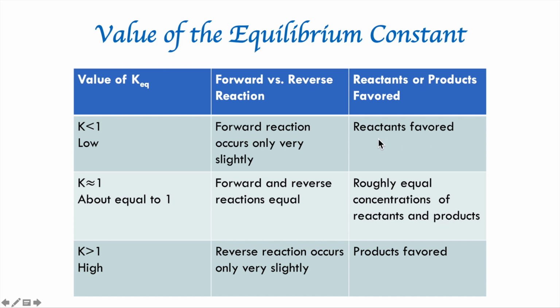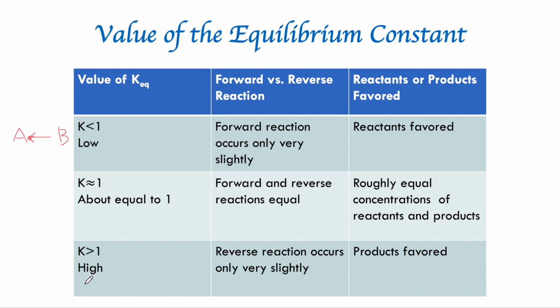If I were to write this out, you have A and B. A forward reaction occurs only very slightly. The reactants are favored, which means this reaction prefers to go to the left. This is my reactant, this is my product.